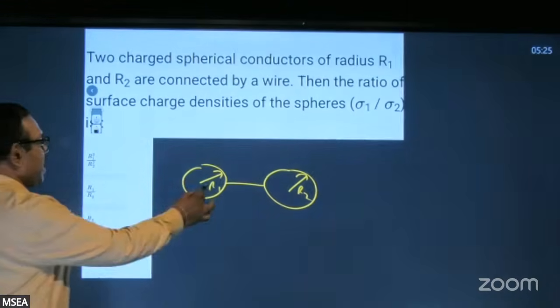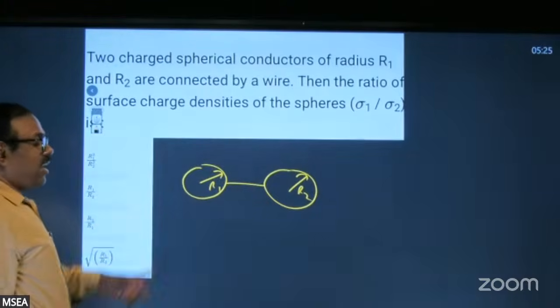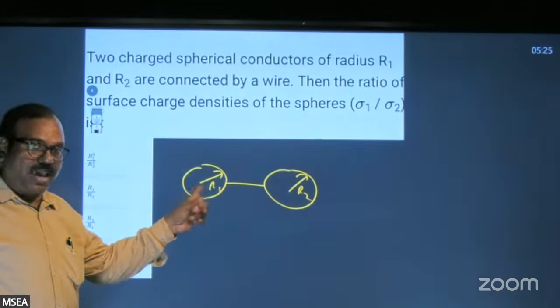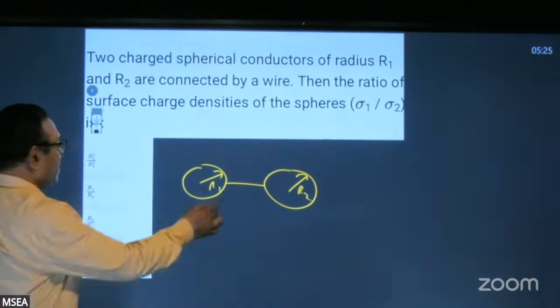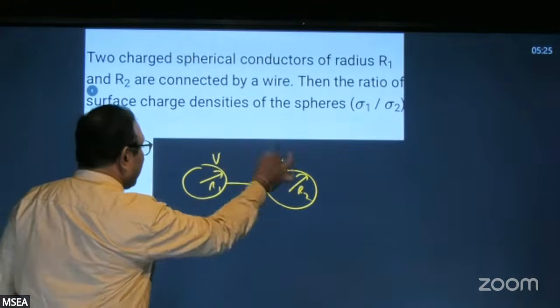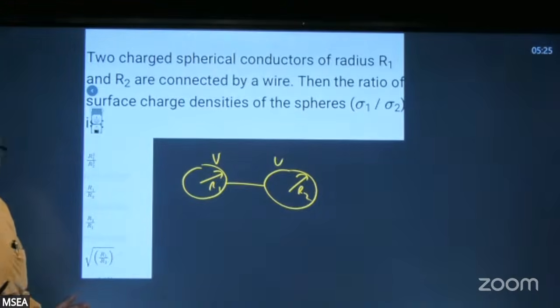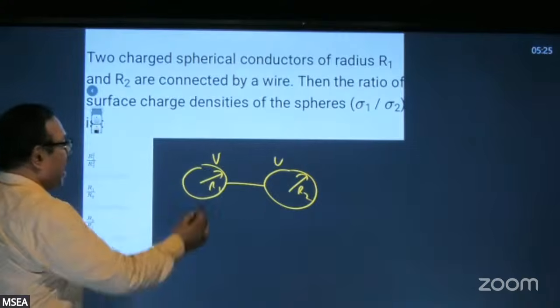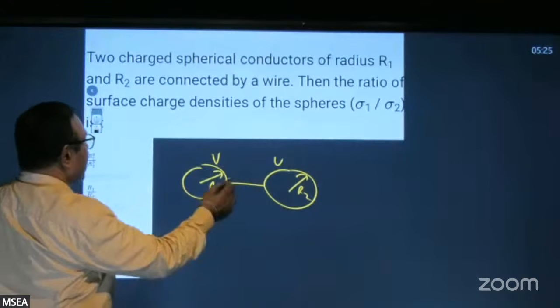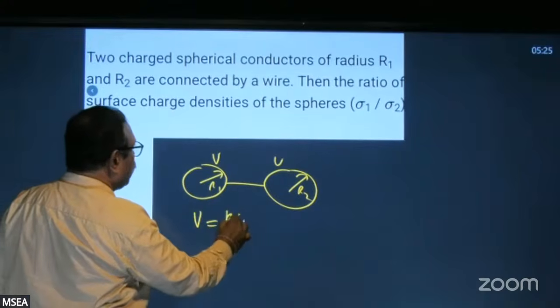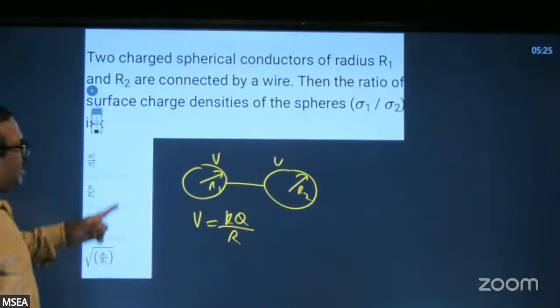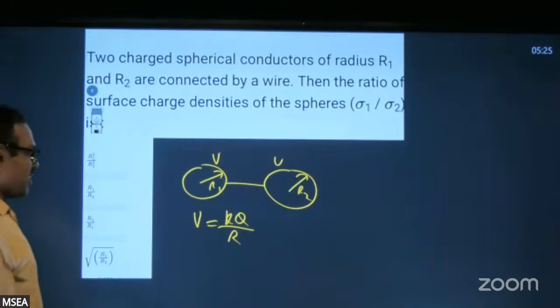Once they are connected by a conductor, the charges are not the same. So always remember, the potential should be the same, but not the charges. You must remember this point. As the potentials are the same, V equals KQ by R. But it asks about the ratio of surface charge densities.